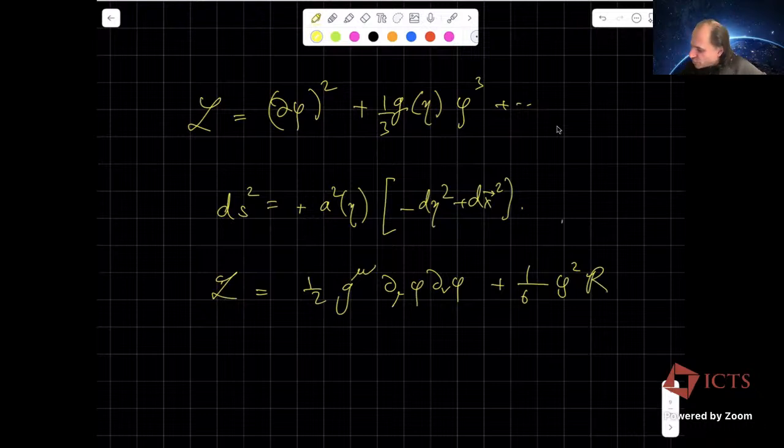With this special choice of coupling, by performing a Weyl transformation, you can completely get rid of the time dependence in the free kinetic terms. Okay, so that's what conformally coupled means.